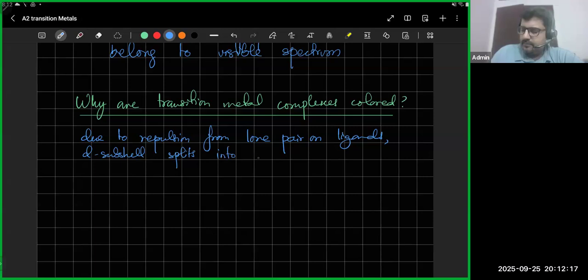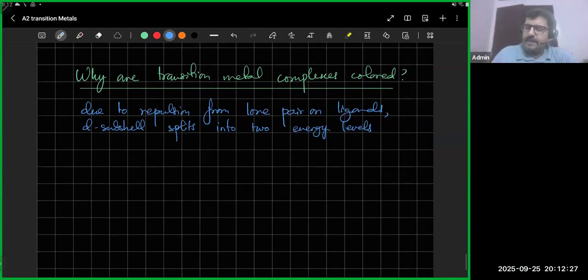You can talk about the splitting; we're going to talk about the splitting later on. It splits into two energy levels.